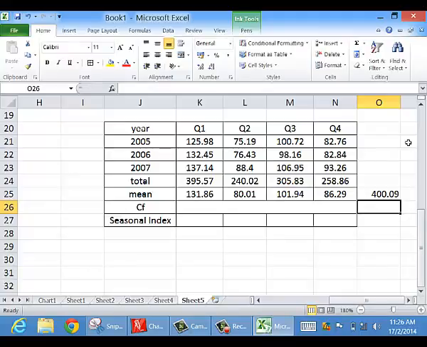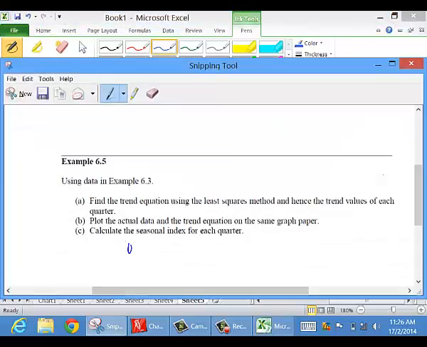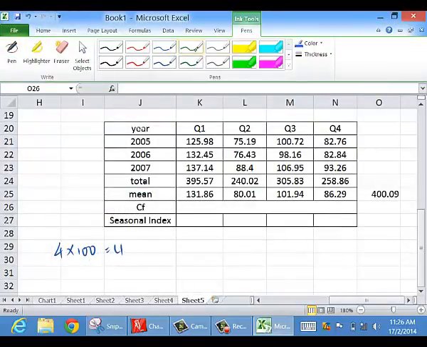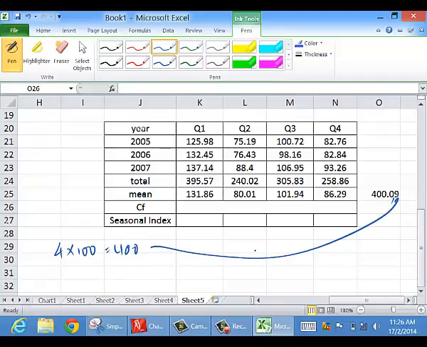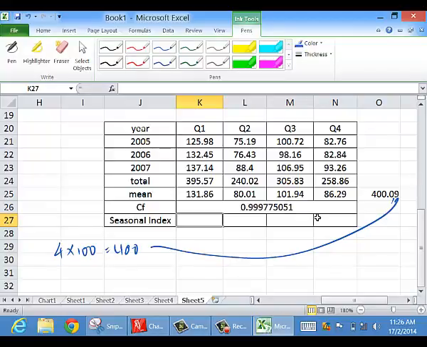So 400.09, compare dengan number of time period, 4 multiply with 100 equal to 400, kan. So not equal to 400.09. So you need to calculate correction factor. So correction factor 400 divided by 400.09. So you akan dapat this value. So seasonal index mean multiply with correction factor. So you akan dapat seasonal index.